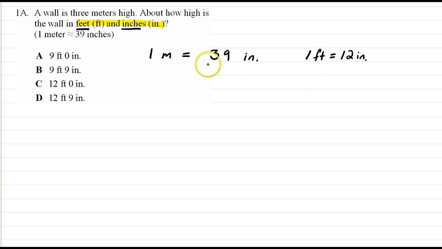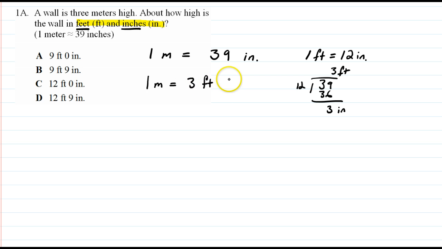So how many feet are in 39? You could figure that out by dividing the 39 by 12. And so that means that we have 3 feet and 3 inches left over. So 1 meter is really equal to 3 feet and 3 inches.